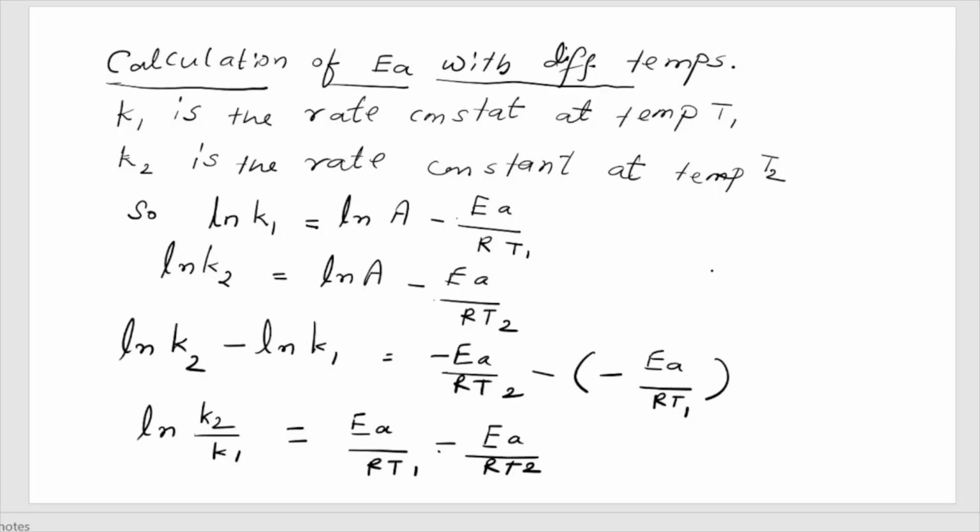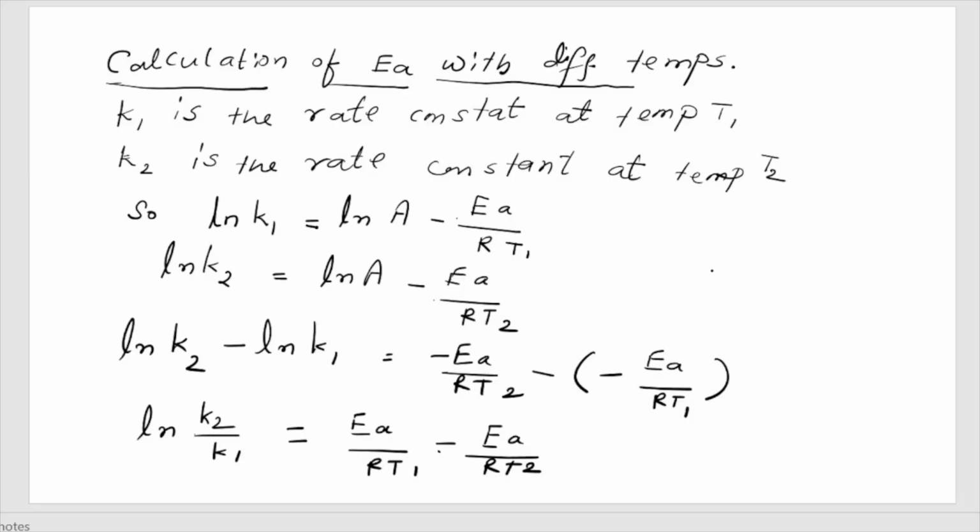Calculation of EA. Before, we looked at only one temperature, but here there are two temperatures. K1 is the rate constant at temperature T1 and K2 is the rate constant at temperature T2. Then you put in the values of K1 and K2 and subtract ln K2 minus ln K1.